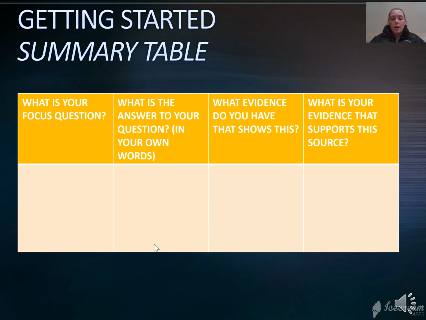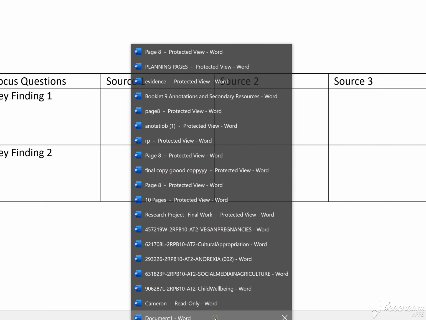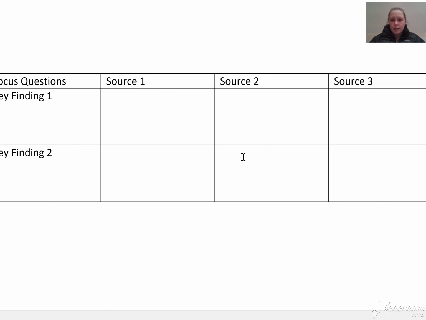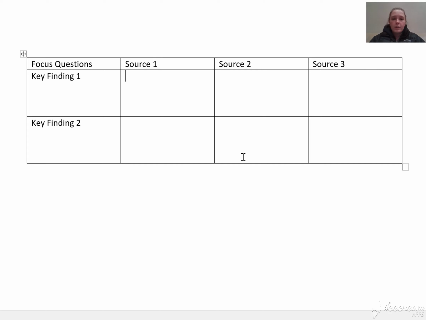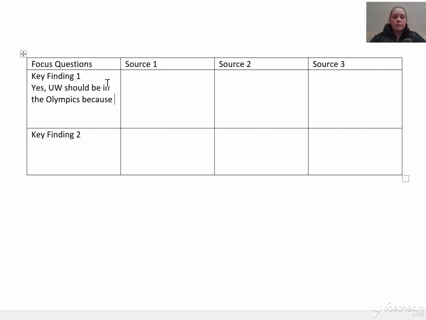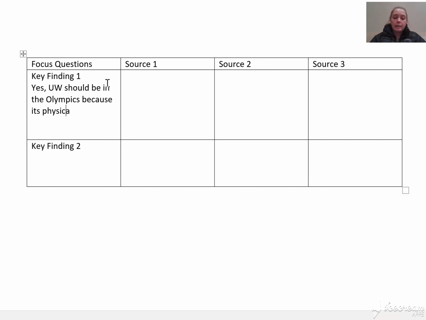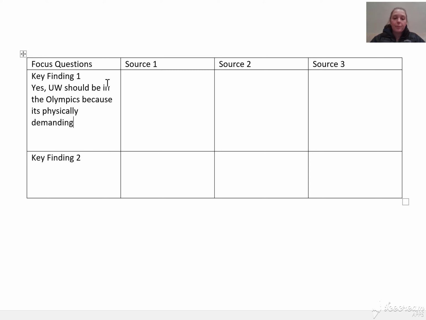Another way you might set it up might be something like this, where you break it down more into key findings. So, you might have a first key finding: yes, underwater knitting should be in the Olympics because it's physically demanding. I don't know, okay?